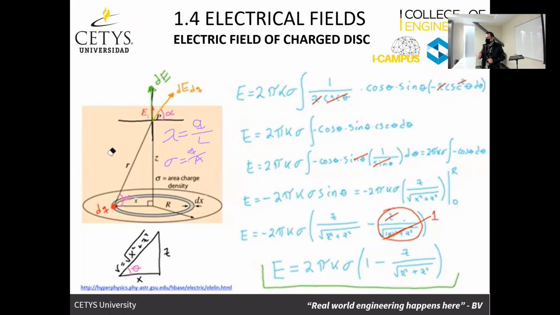Lambda is for a linear distribution of charge, and the units are coulombs per meter.